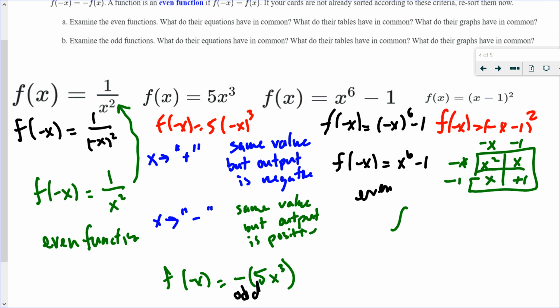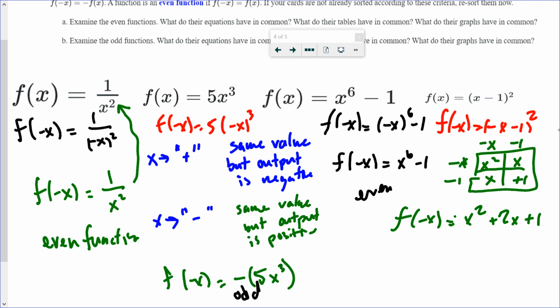So I would get an x squared, a positive 2x, and a plus 1. If I expand the original, or I guess I could factor this, it's actually x plus 1 squared. So it is different. So this is a neither.